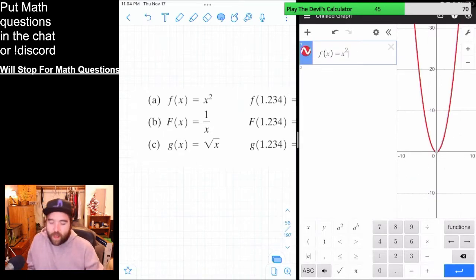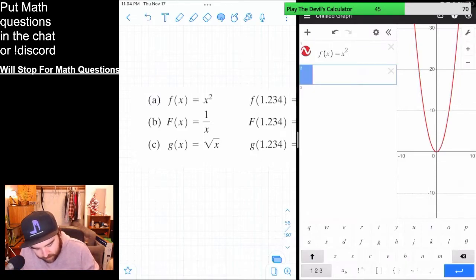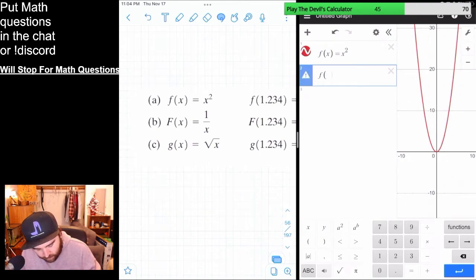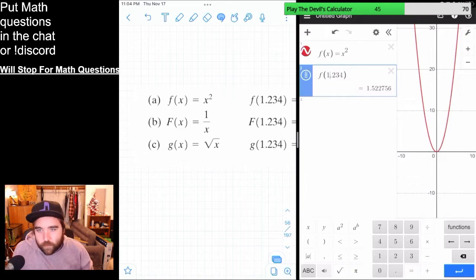We can say that f of x equals x squared. And then on the next line, we can just type in what is f of 1.234. And it'll just do it for us. And that's really nice, because if we wanted to change what we put in, we could just change it really quick and not have to go back and type in all the different stuff in the calculator.